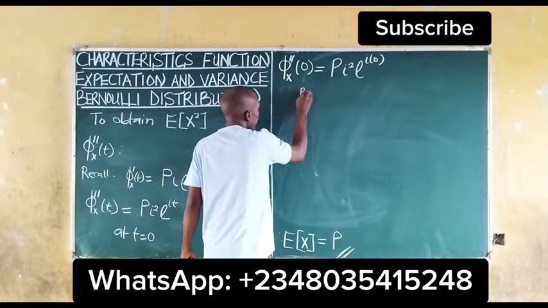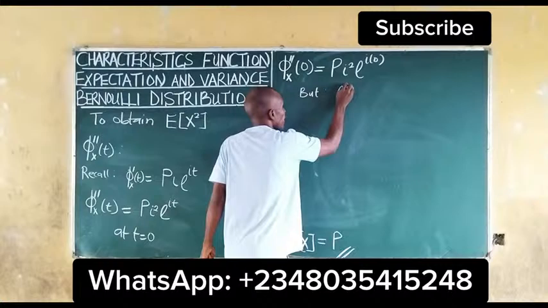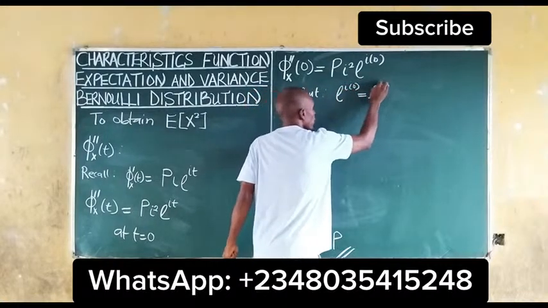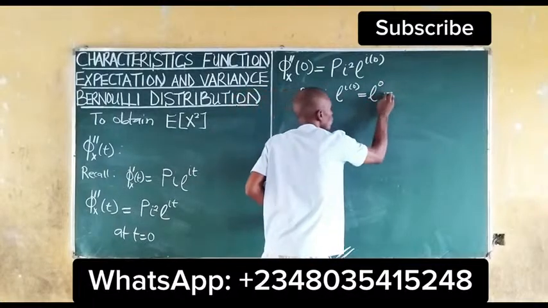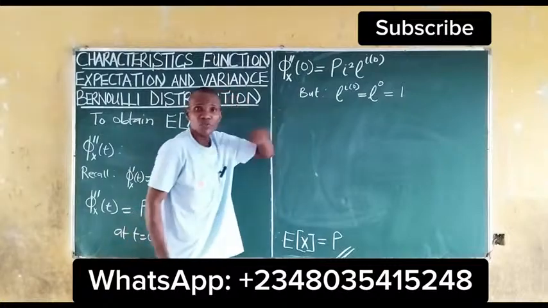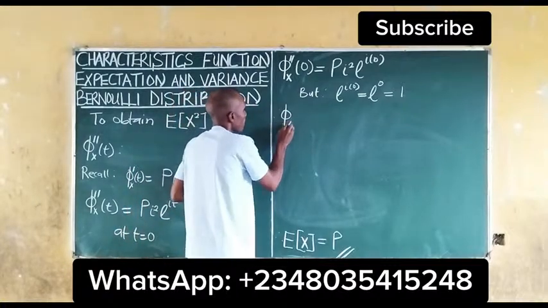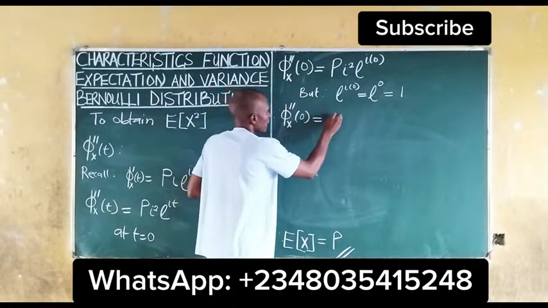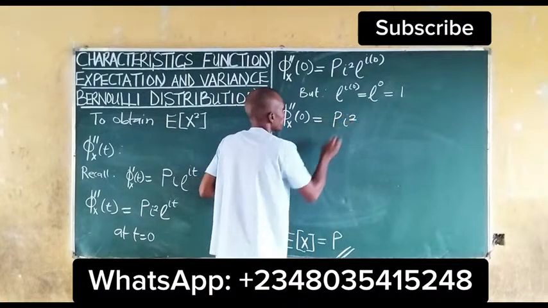Of course, from indices we know that e^(i0) is equal to e^0, and anything raised to the power of 0 is equal to 1. So it then means that our second derivative of the characteristic function will give us p i squared.